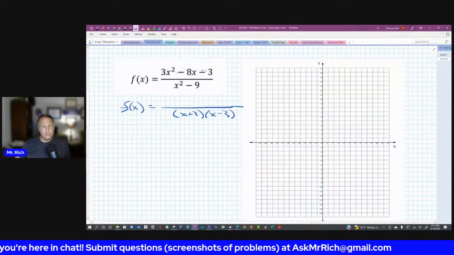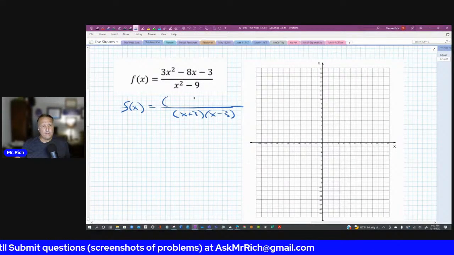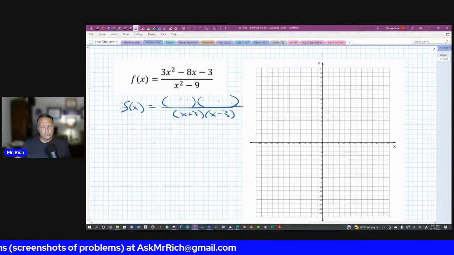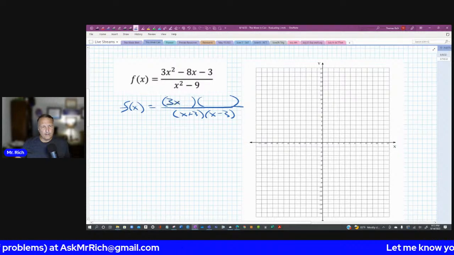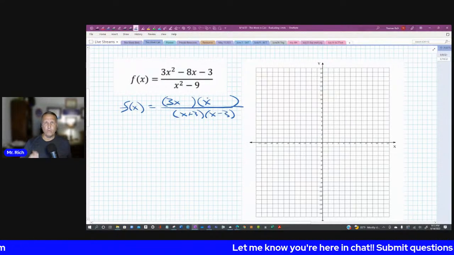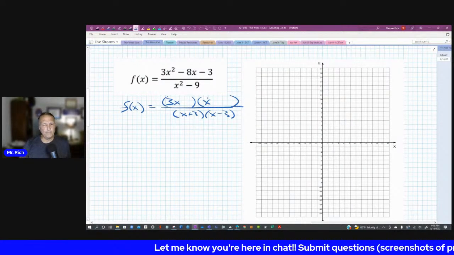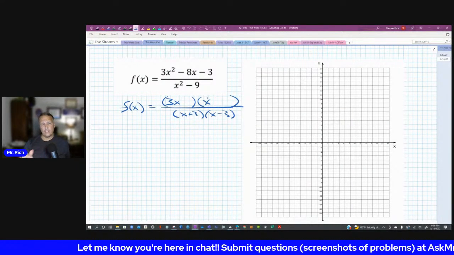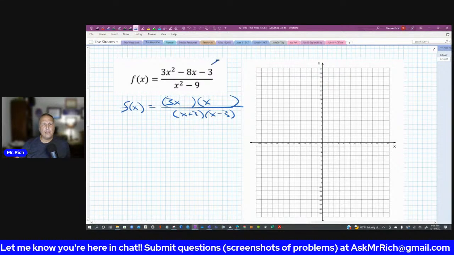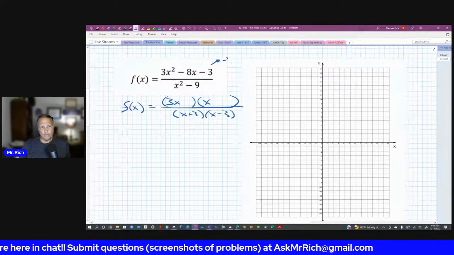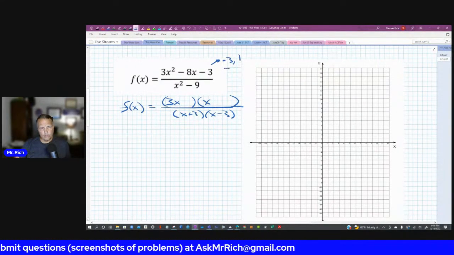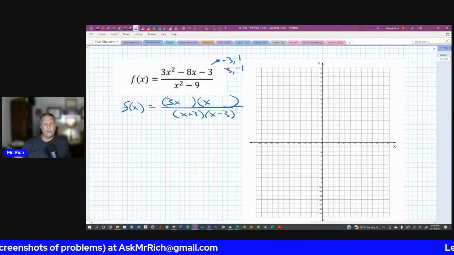This trinomial up here, I am going to factor this. I'm going to use factoring kind of by trial and error, right? So I know that my 3x squared, when I factor this, has to be two binomials with a 3x and an x. And then I know that the factors of -3 are either -3 and 1 or 3 and -1.